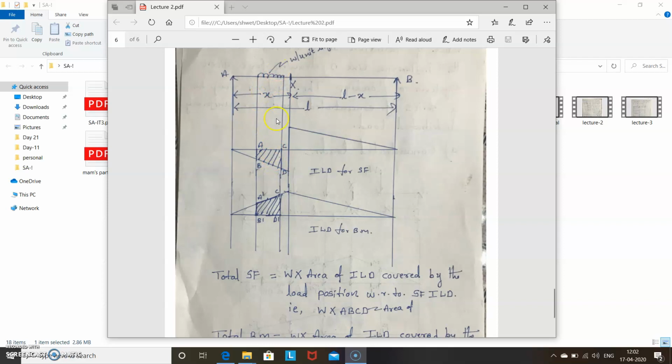That means W into area of ABCD. This is trapezoidal, so that area you have to consider.